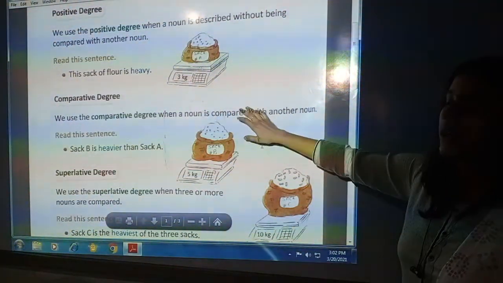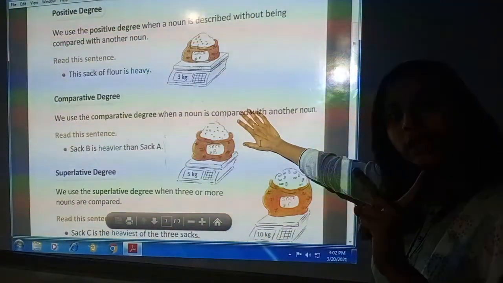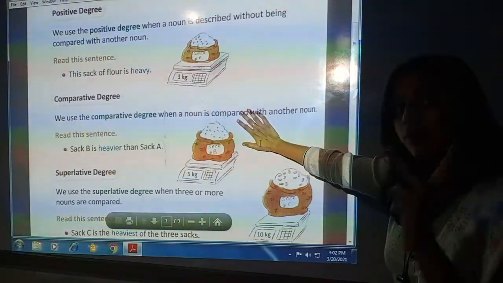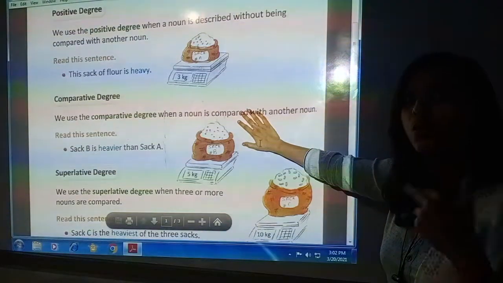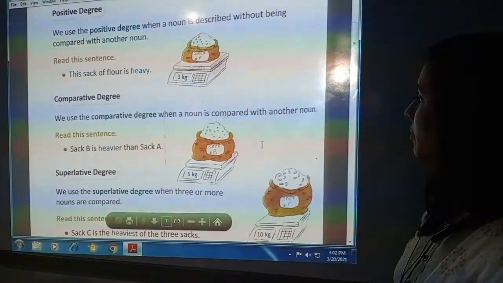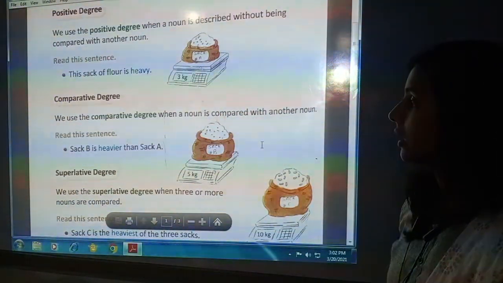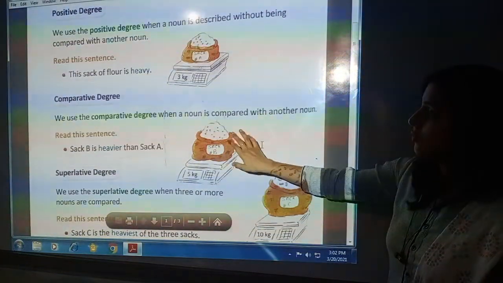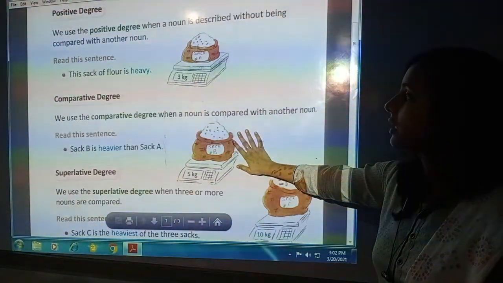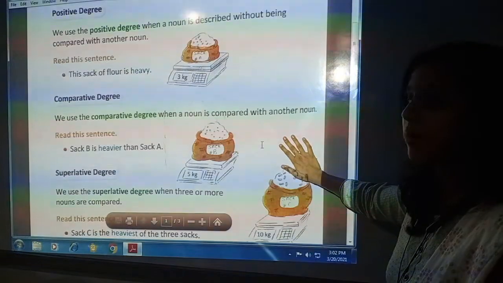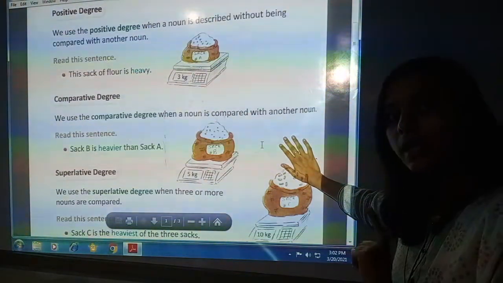Next is comparative degree. In that, the quality of two nouns will be compared. Two or more will be compared. So here we use the comparative degree when a noun is compared with another noun.